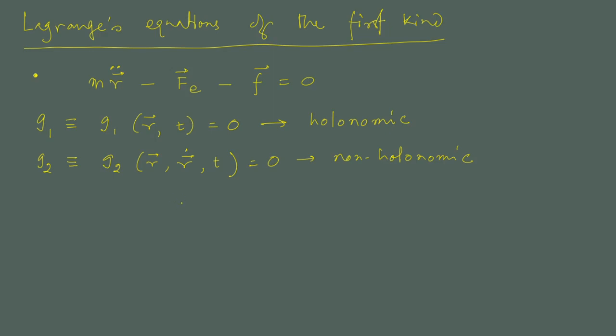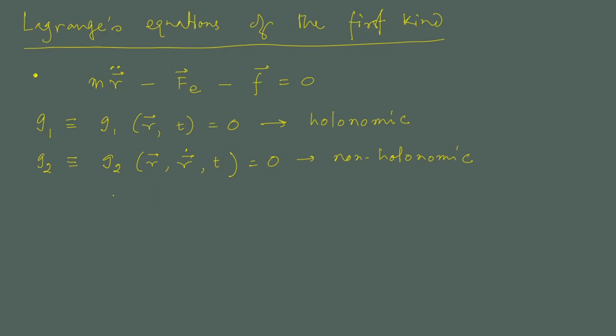All right. We look at the second constraint first, the non-holonomic constraint. This is a function of position, velocity, and time. So, if this constraint restricts the position, velocity, and time of the particle, then it must have some clue about how the acceleration of the particle is constrained.